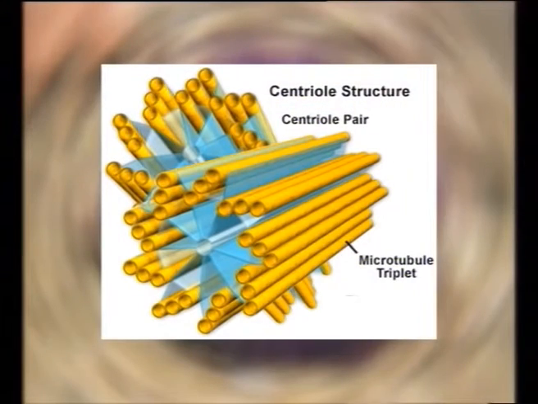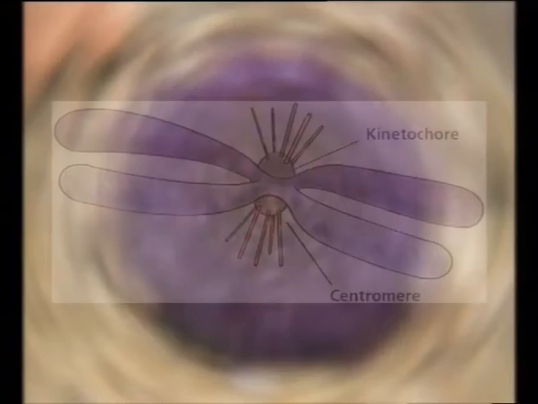ropes and poles. The microtubules invade the nuclear region after the nuclear envelope disintegrates, attaching to the chromosomes at the kinetochore.